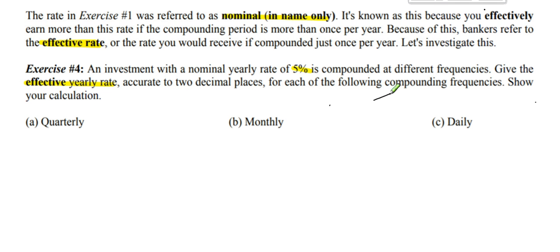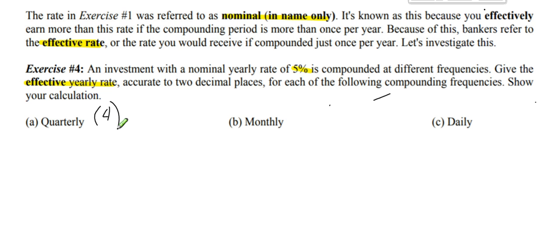Quarterly means you're going to compound every quarter, and there are 4 quarters in a year, so 4 times a year. We're not looking at the amount of money, so we don't need the principal. We're just looking at the percentage of interest that you'll be receiving.